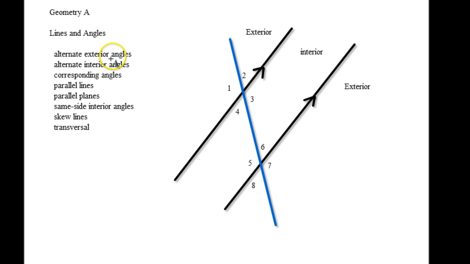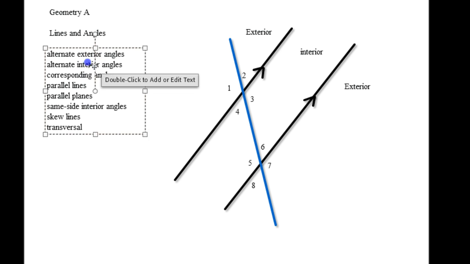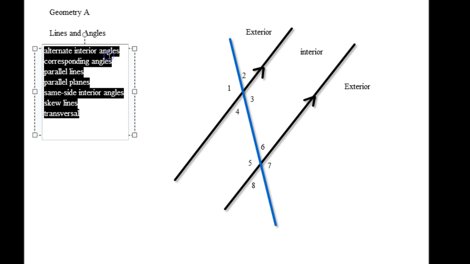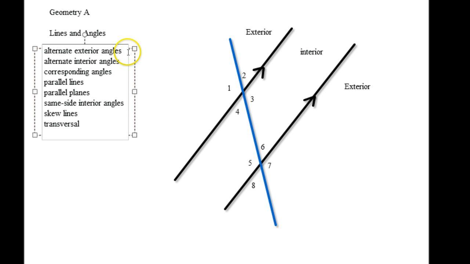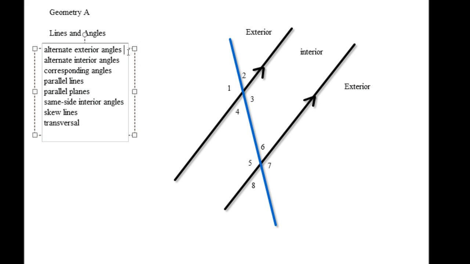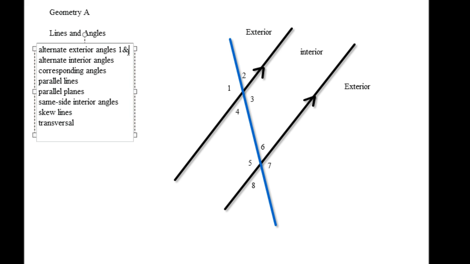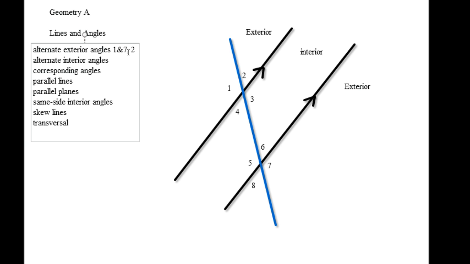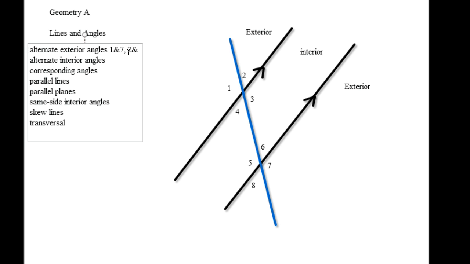Alright, so alternate exterior angles. I'm going to write them out next to them, so let's move this over a little bit. That's going to be angles 1 and 7, also angles 2 and 8.